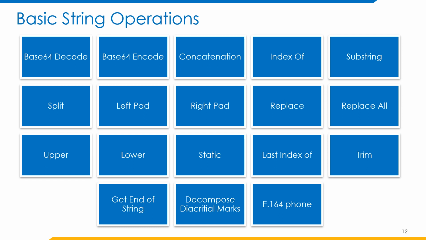This rule is always used to get the rightmost n characters of a string. Decompose diacritical marks. The decompose diacritical marks transform is used to remove diacritical marks. E164 phone transform. This E164 phone transform is used to convert an incoming phone number string into an E164 compatible number. In the next slide, we will understand logic operations.